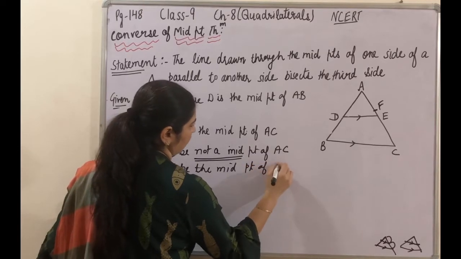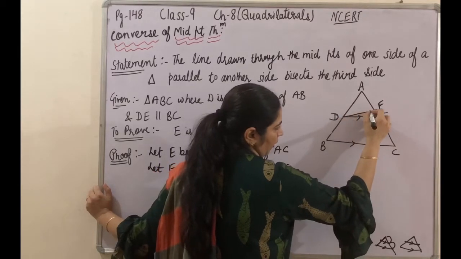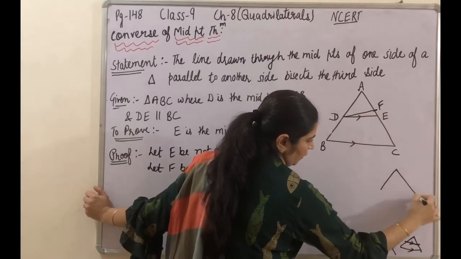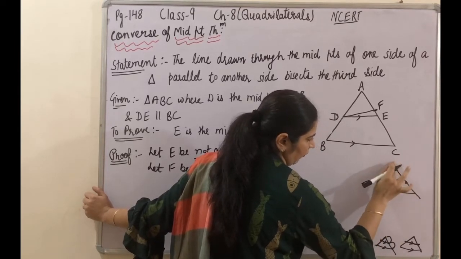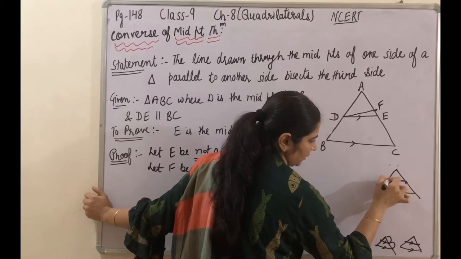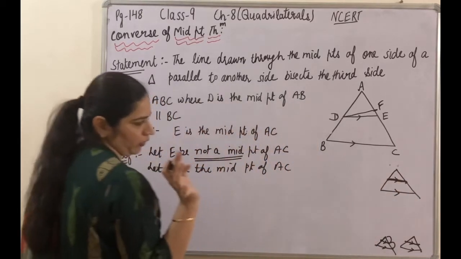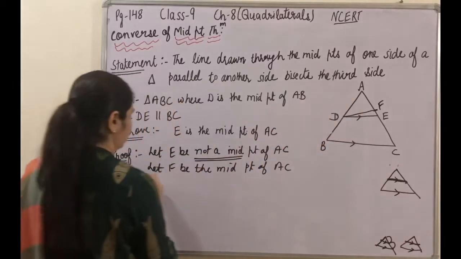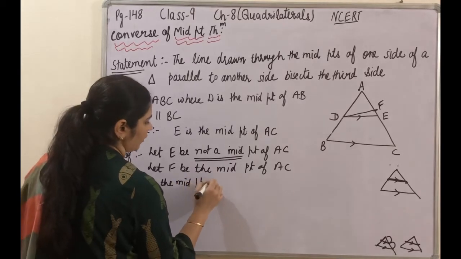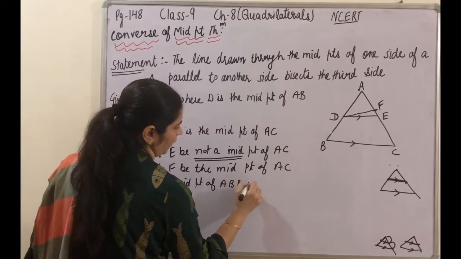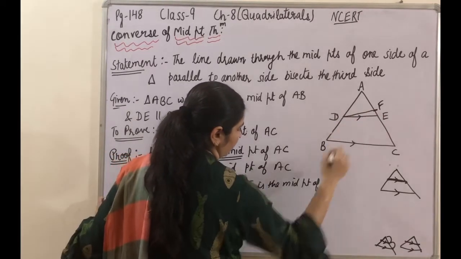Now if F is the midpoint, recall the midpoint theorem. What is the midpoint theorem saying? One triangle is given, two midpoints are given. If I join the line through the midpoints, this line would be parallel to the third side and equal to half of it. So I can write, because D is the midpoint of AB and F is the midpoint of AC.